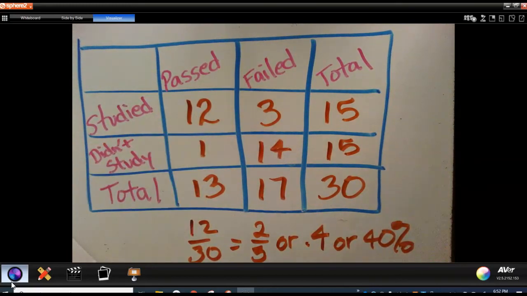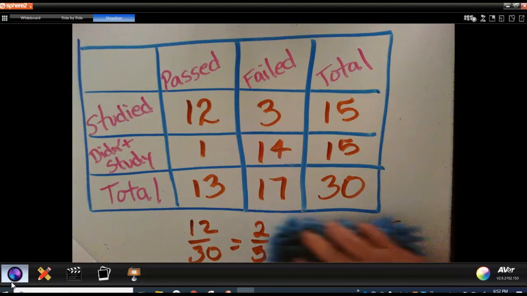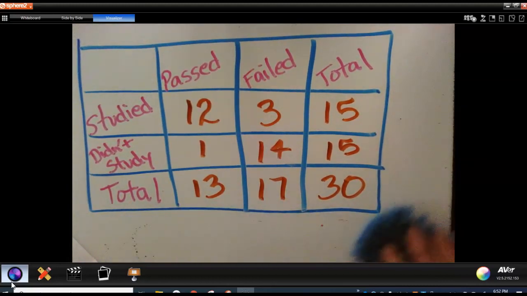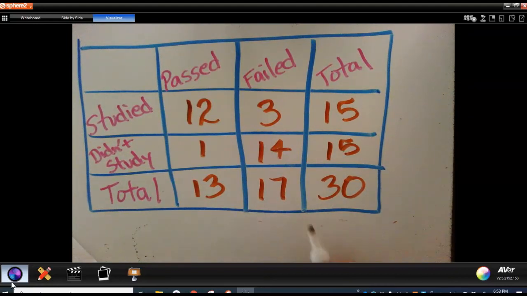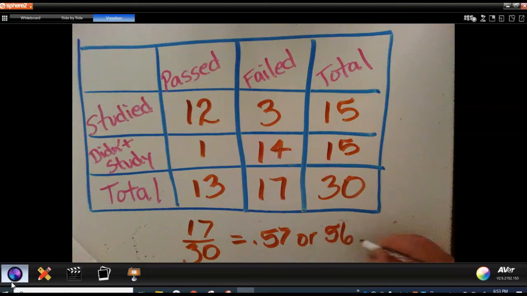See how this works? So what is the relative frequency of students who failed the test? So just students who failed. So 17 of them failed. So 17 divided by 30 equals 0.57 or 56.67%.